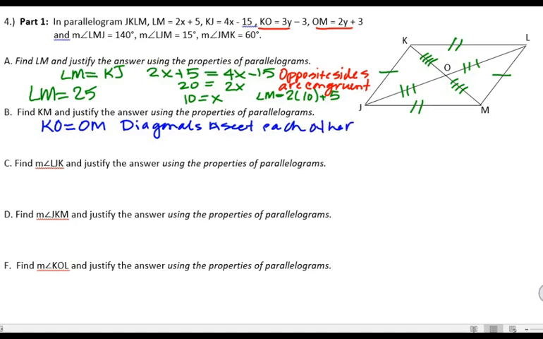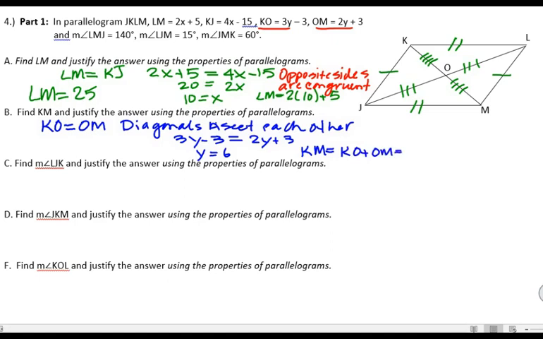Then we're going to work the problem, right? So we're going to say 3y minus 3 is equal to 2y plus 3. Going to subtract 2y from both sides. That gives me y. And then we're going to add the 3 to both sides. That gives me 6. So now I can actually add these together to get my answer, right? Because I know that KM is equal to KO plus OM.